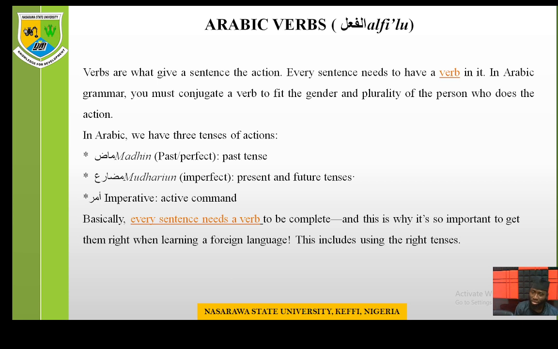Then we move to Arabic verbs. We have three tenses in Arabic verbs, which is madin. In transliteration, we use DH to pronounce dod. Madin, which is, we don't have dod in any other language in the world.